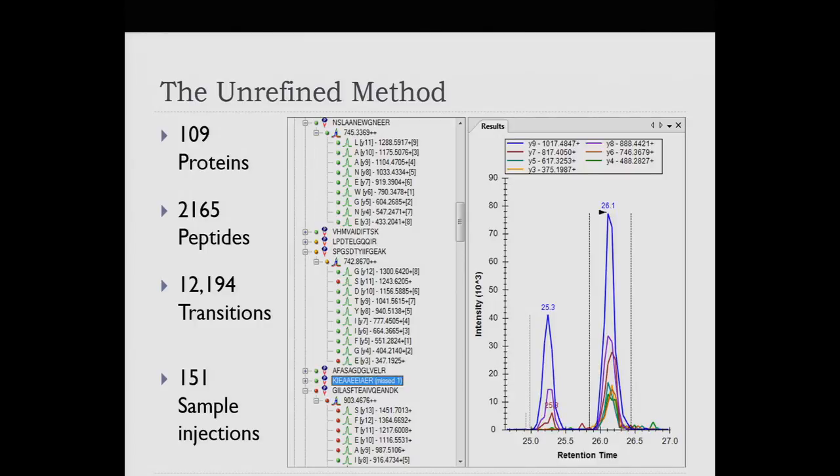So this is the entire unrefined method in Skyline. Skyline was fully capable of generating the y-ion series from y3 to yn minus 1, and creating this large method which we measured in 151 sample injections.